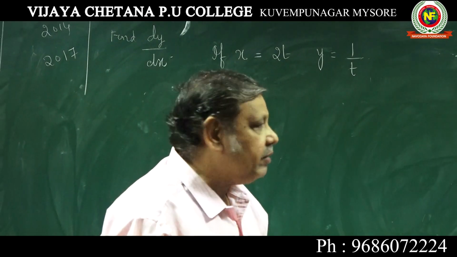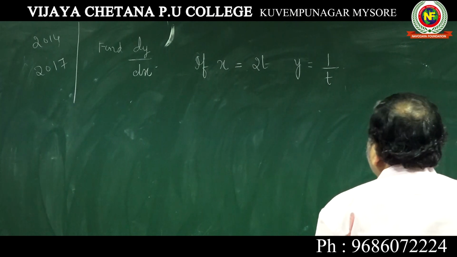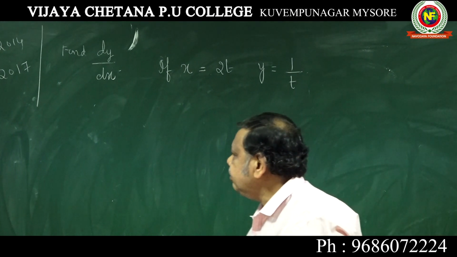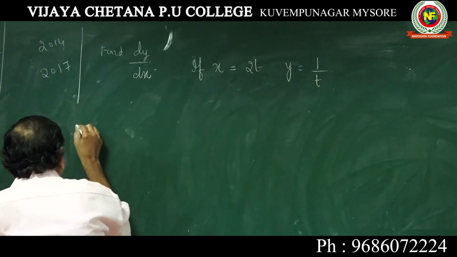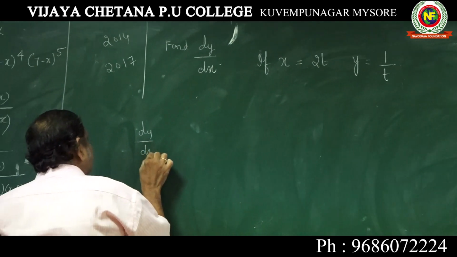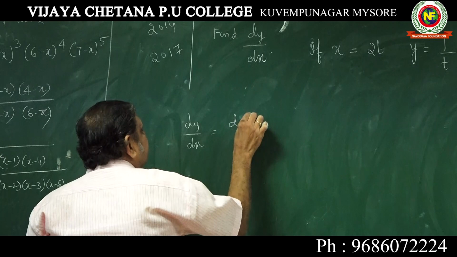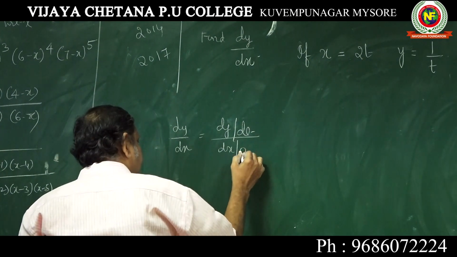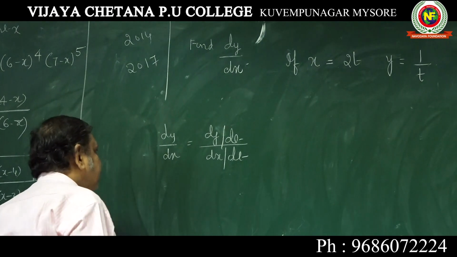Whenever it is a parametric function, you have to differentiate dx by dt, dy by dt, then use the formula dy by dx is equal to dy by dt by dx by dt. This is the formula you have to use.